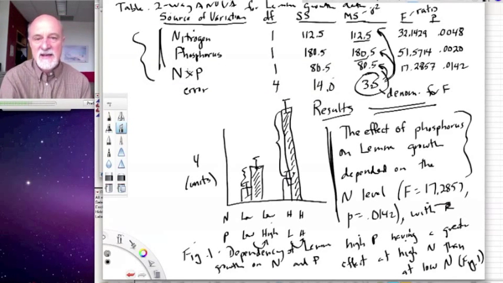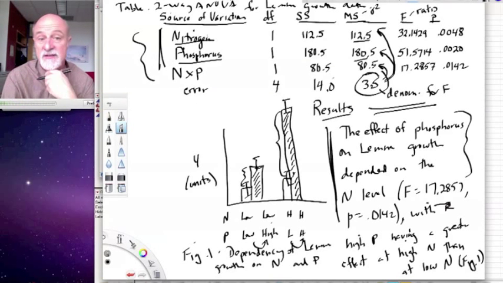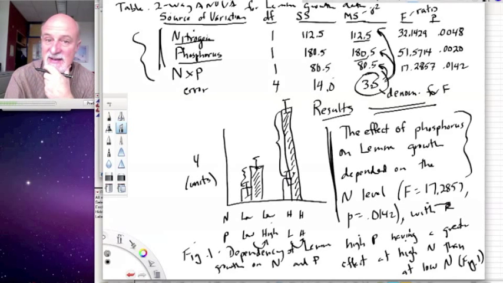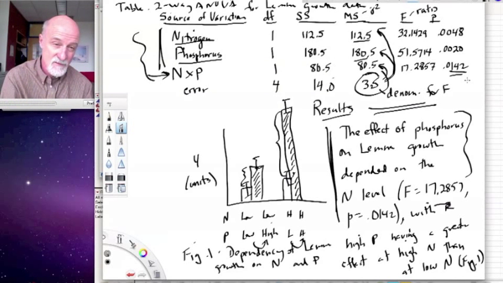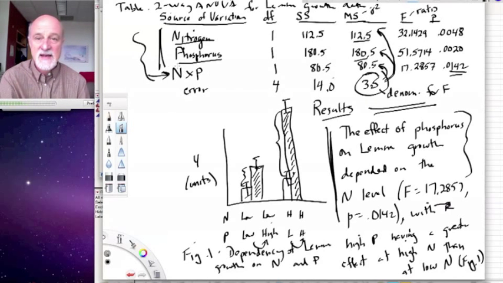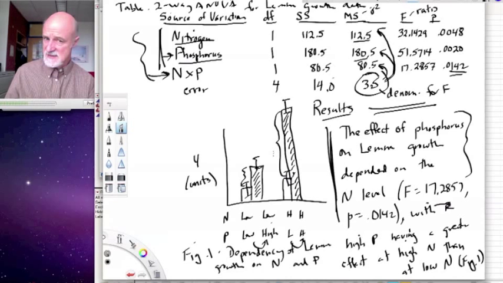Now, I said, okay, now what do we go on and say about phosphorus and nitrogen? This one is actually kind of tricky in this instance because clearly our interaction, which we look at first, says that there is a dependency of the effect of phosphorus on the level of nitrogen, right? So how can we then go on and say there's a phosphorus effect? Well, what we have to do is look at our diagram and see, was the phosphorus effect always consistent?